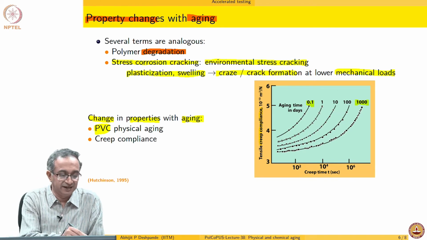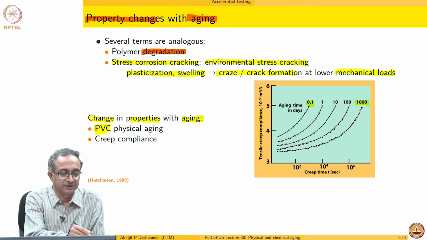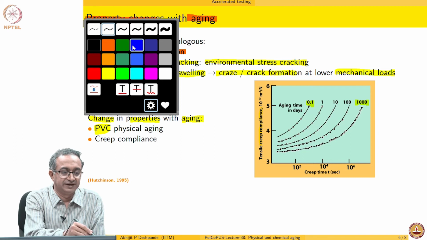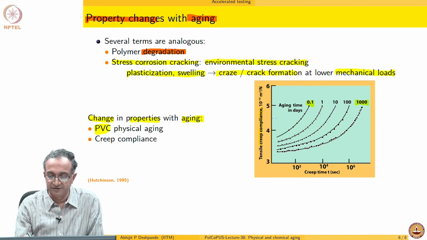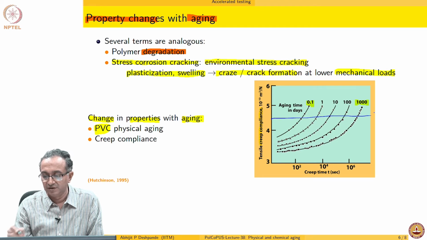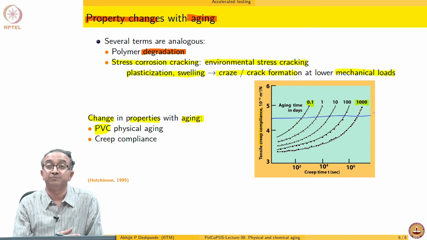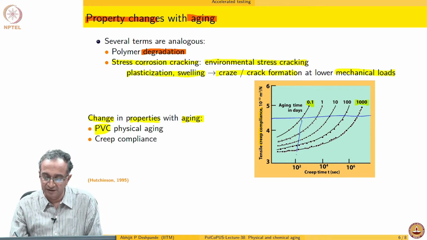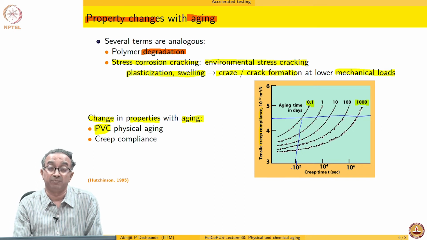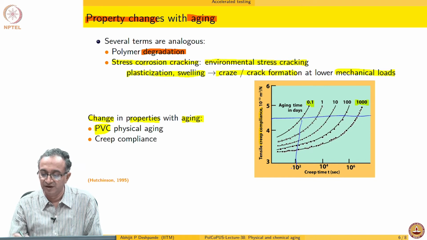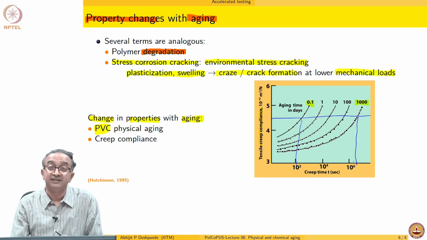If I take one particular constant value of compliance, let's say 4.5, what happens to reaching this 4.5 at what time? If I age the material for 0.1 days, it looks like in 100 seconds itself I reach this compliance, which means the strain becomes high. But if I age the material for 1000 days, then I can go up to 10 to the power 6 seconds and beyond before I see the same amount of compliance.